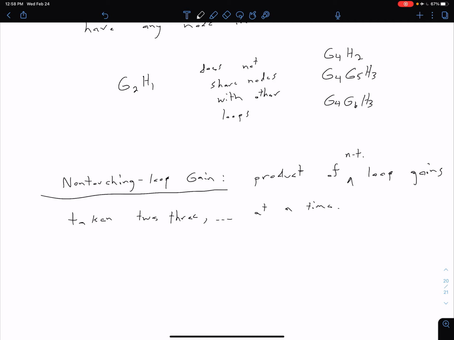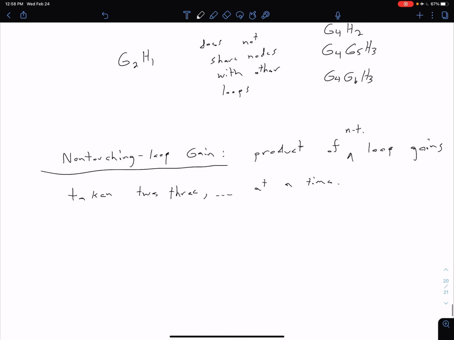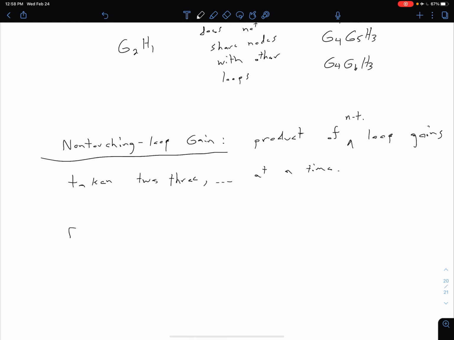Basically, what this is saying, more simplistically, is we're going through the non-touching loops while moving left to right. So for this system, we can only do non-touching loop gains taken 2 at a time.